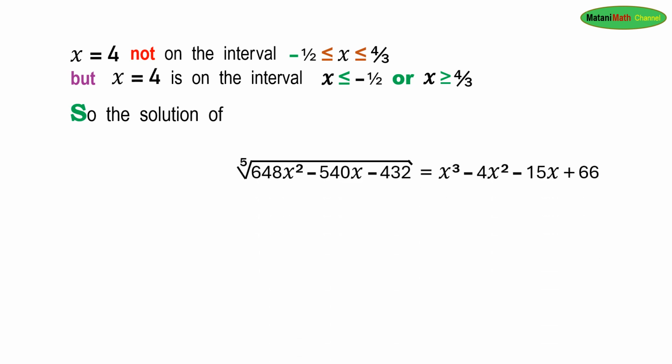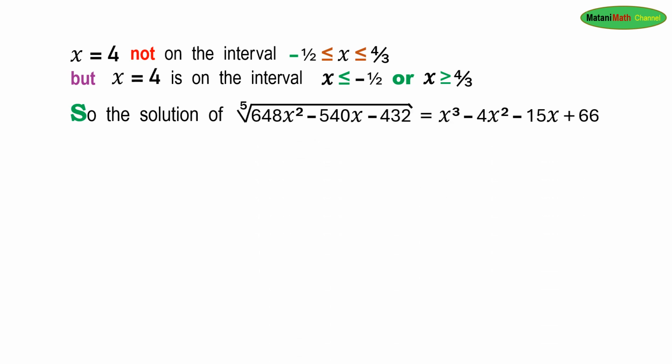So the solution of the fifth root of 648x squared minus 540x minus 432 equal to x cubed minus 4x squared minus 15x plus 66 is x equal to 4.